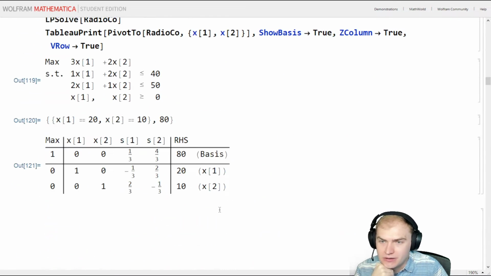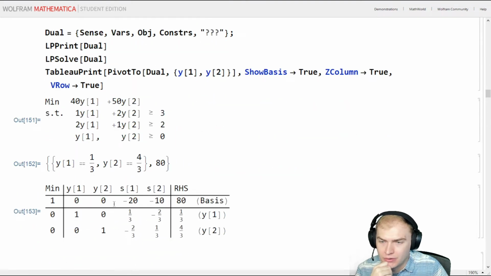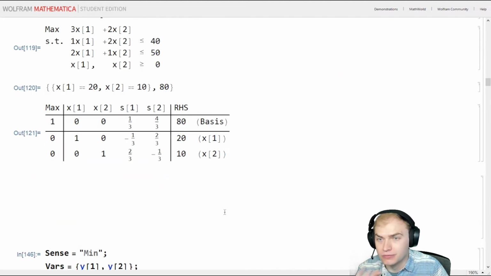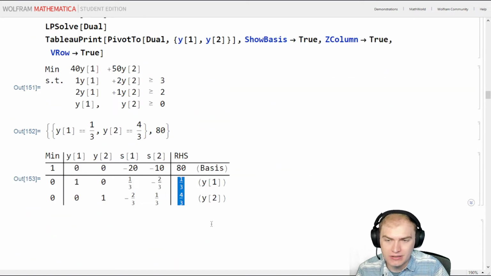So we can see complementary slackness. Here, S1 and S2 were 1/3, 4/3. In the dual, Y1, Y2 are 1/3, 4/3. Or the reduced cost of the slack in the primal is the same as the value of the dual variables in the dual.